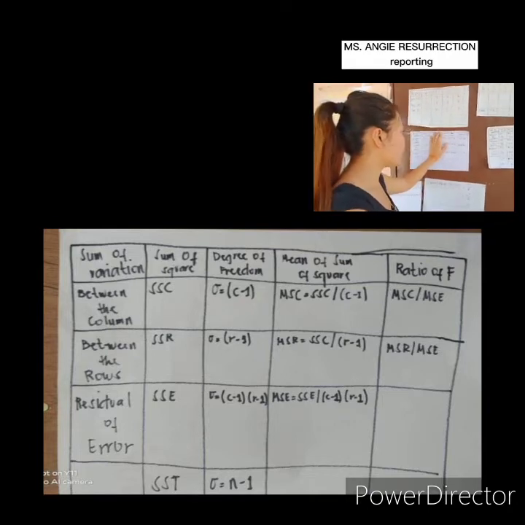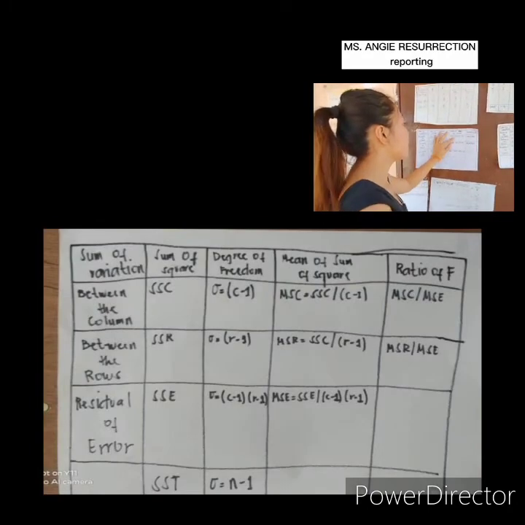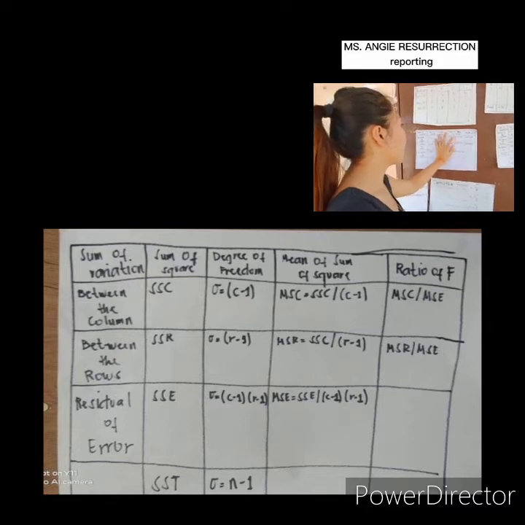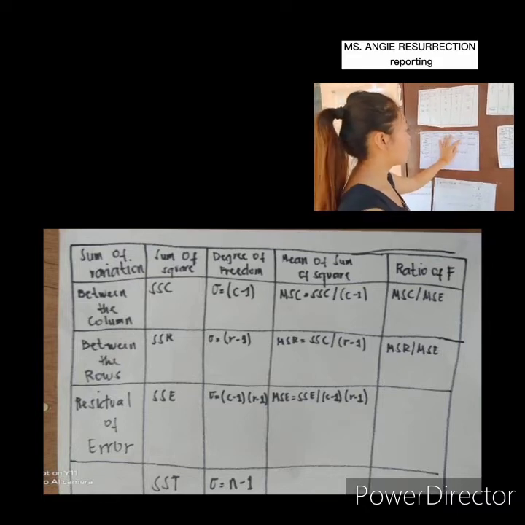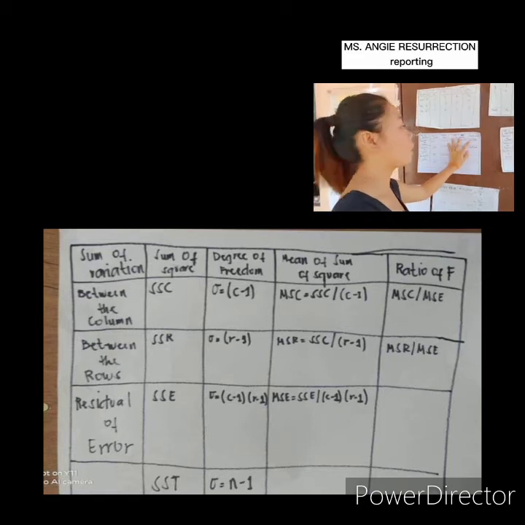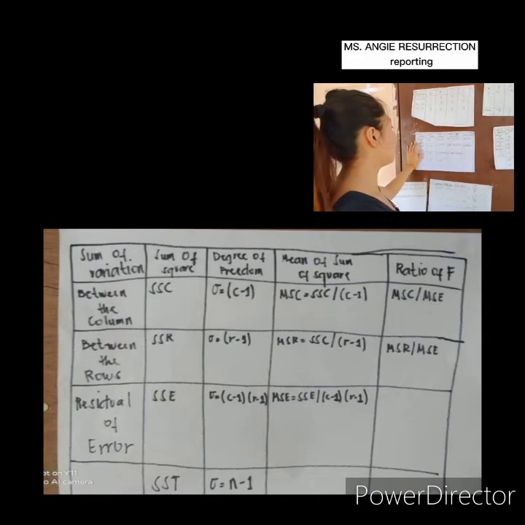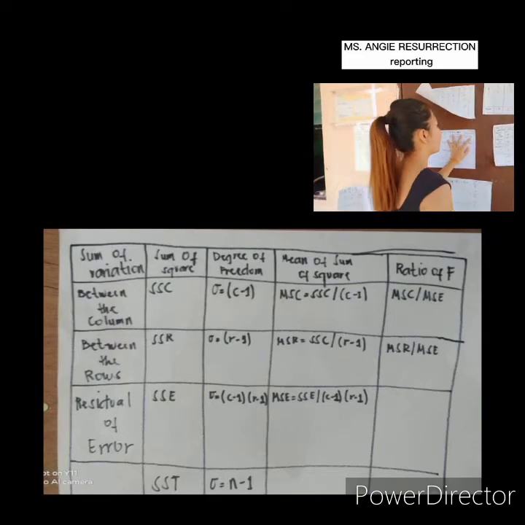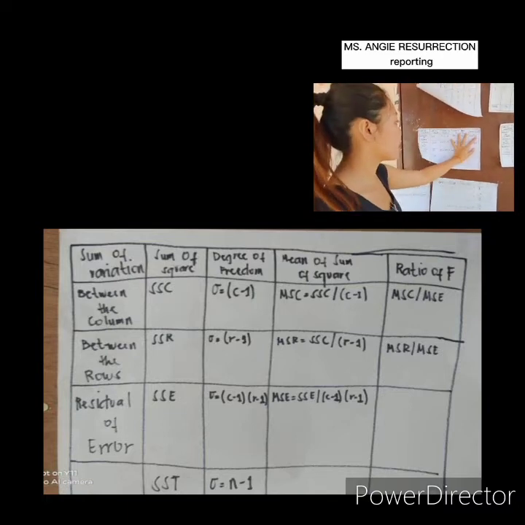Mean sum of squares MSC is equal to SSC divided by C minus 1. The F ratio between the columns is MSC divided by MSE.